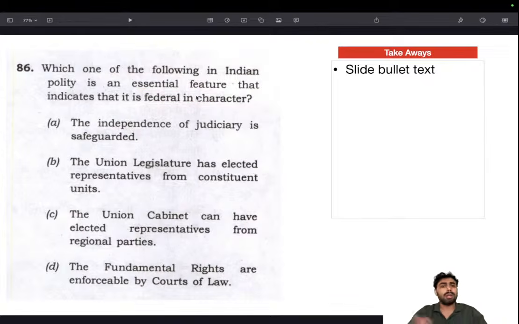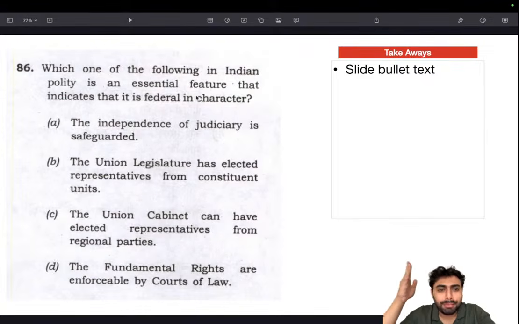So we know our Indian polity: is it truly federal, or is it truly unitary? It's questionable, right? We say it's a quasi-federal polity, and K.C. Wheare and other political thinkers have said that India is a unitary state with some core federal features.